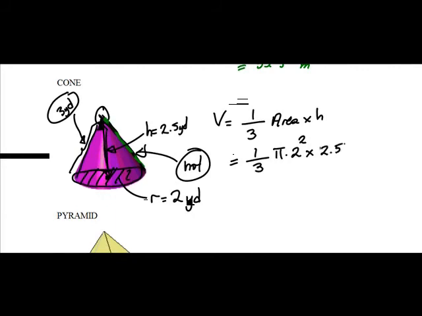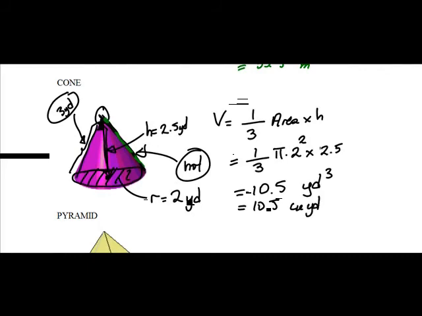So when you calculate that, you have 3.14 times 4 times 2.5 divided by 3, and that will give you 10.5. And what did I start with? Yard cube, or you can write 10.5 cubic yards.